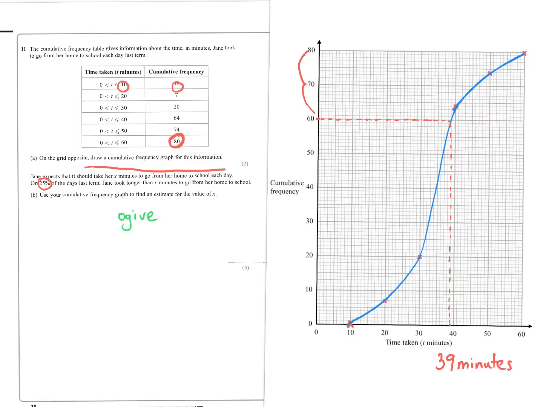So it looks as though the value that we wanted for x was, now read the question again, Jane took longer than x minutes to go from her home to school. Well, if we go to the 25% mark, then we're 39 minutes or more for 25% of the remaining time.